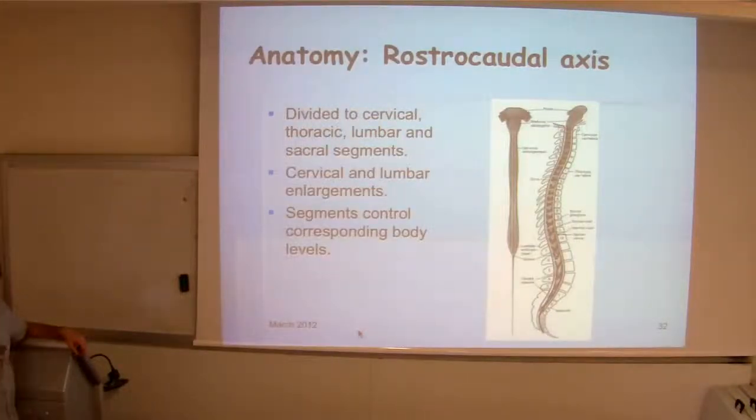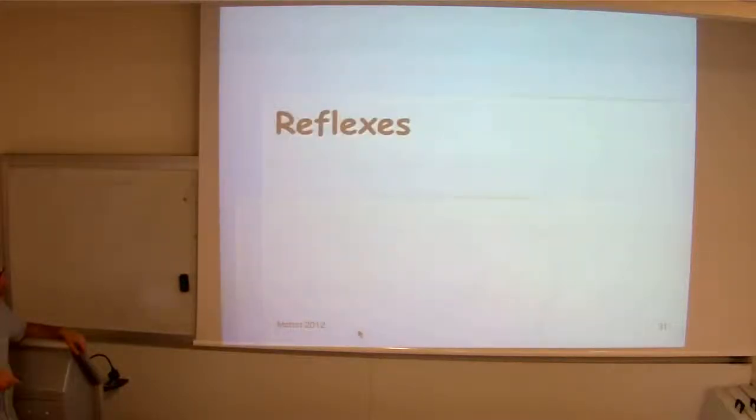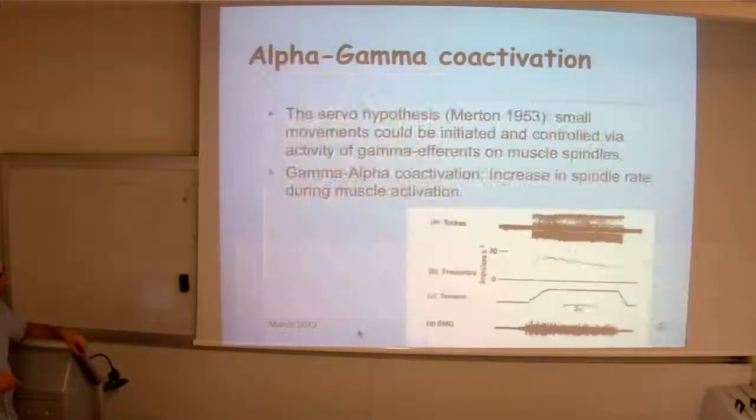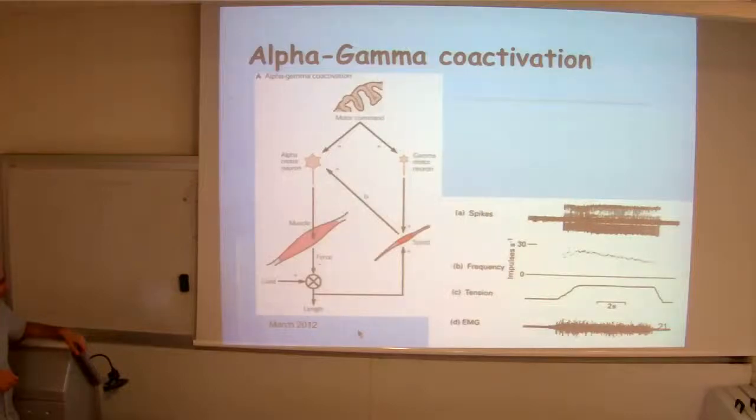So, question. How does the IA fiber know which gamma neuron it actually corresponds to? What do you mean? Someone told them? Hardwired in development? It's hardwired completely. Yes.